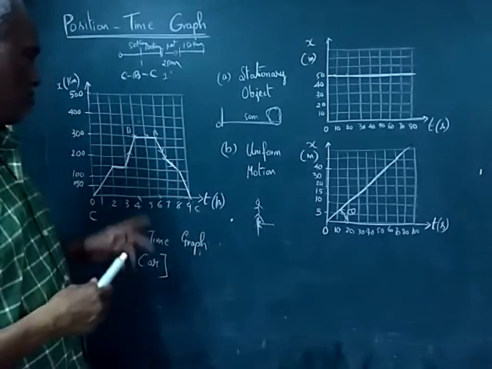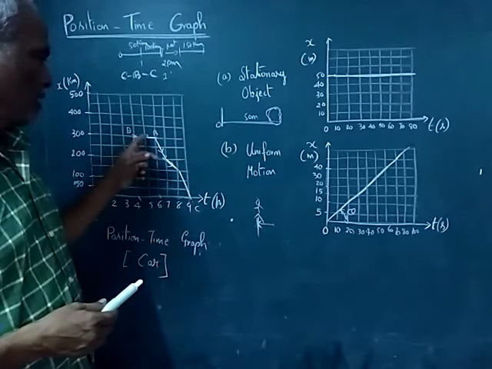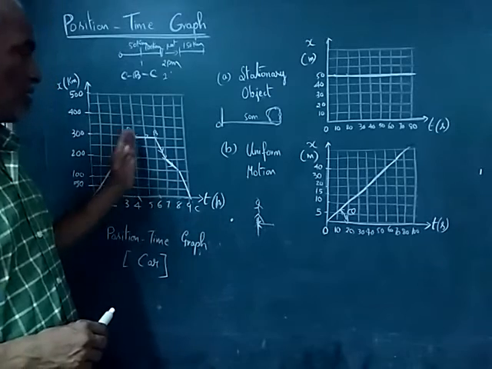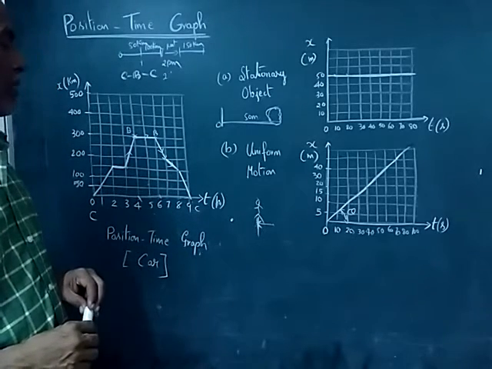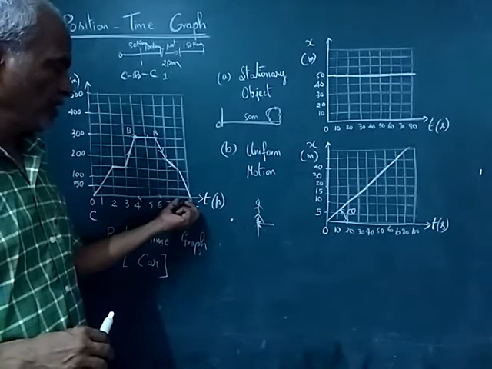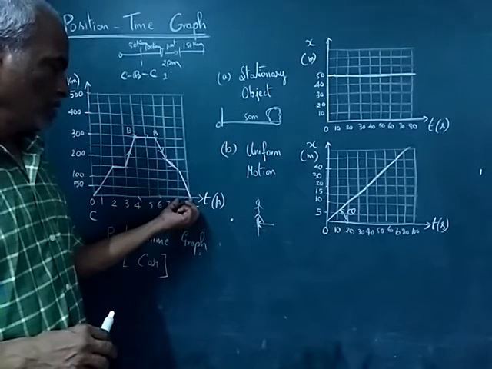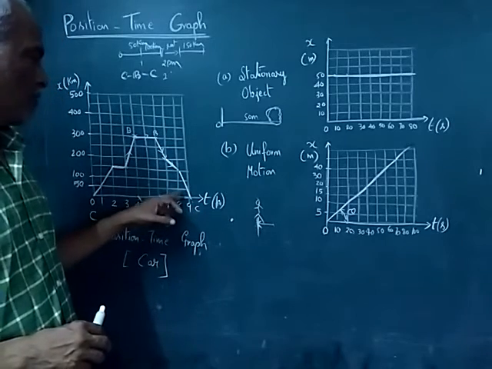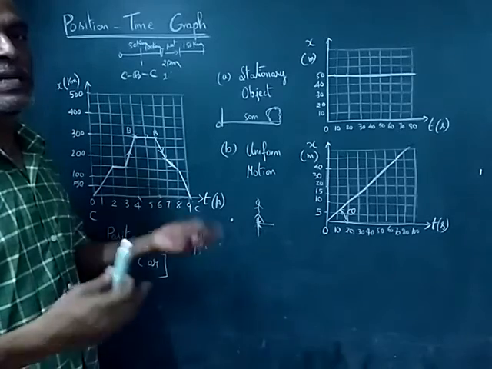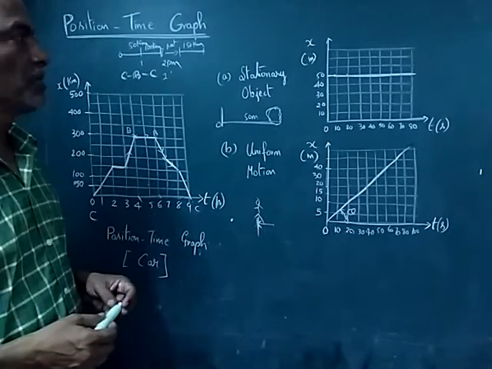He had rest during this hour, and here again he had a rest, or the car is at rest. That means the object is not moving. And sometimes his velocity was very high. If you see here, in this 1 hour, he covers a distance of 150 kilometers. That means the car driving speed has increased.